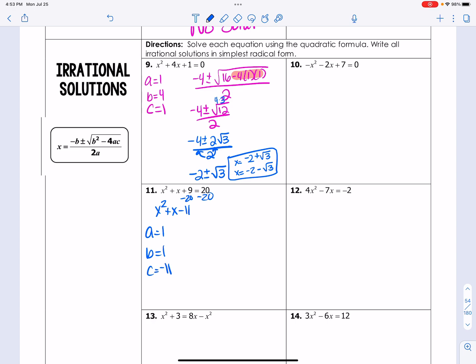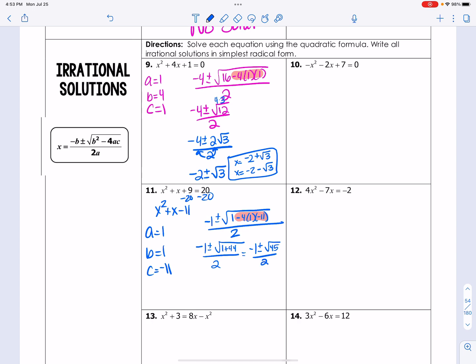So that's going to be negative b plus or minus the square root of 1 squared, which is 1, minus 4 times 1 times a negative 11, all over 2a. So inside of here, this becomes a plus 44, right? A negative and a negative. 1 plus 44 is 45.